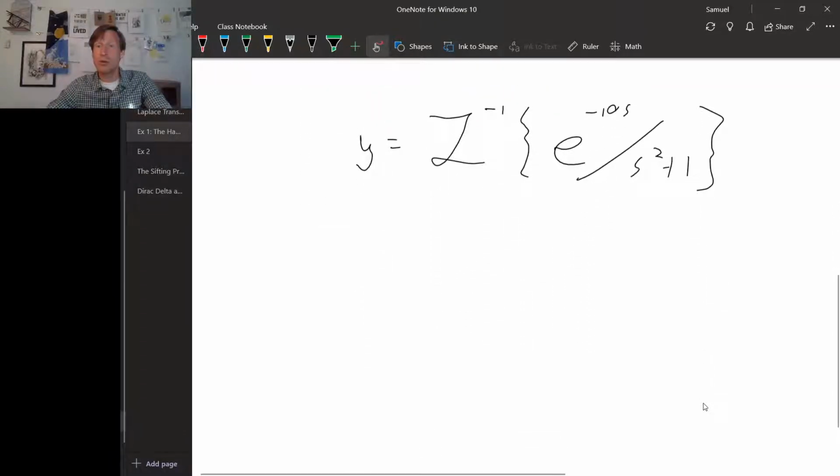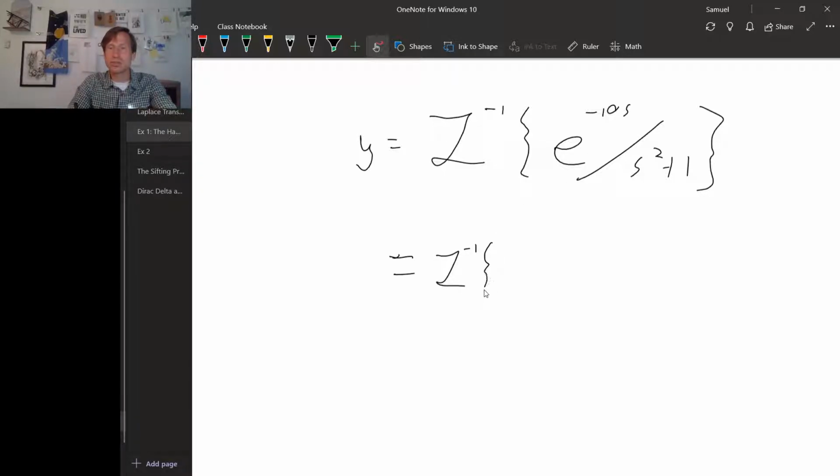Now we can calculate this inverse transform because we have multiplication by an exponential in s, and we know that multiplication by an exponential in the s world turns into a shift in t in the t world. So t is going to be shifted by 10 and multiplied by a step function, u of t minus 10.